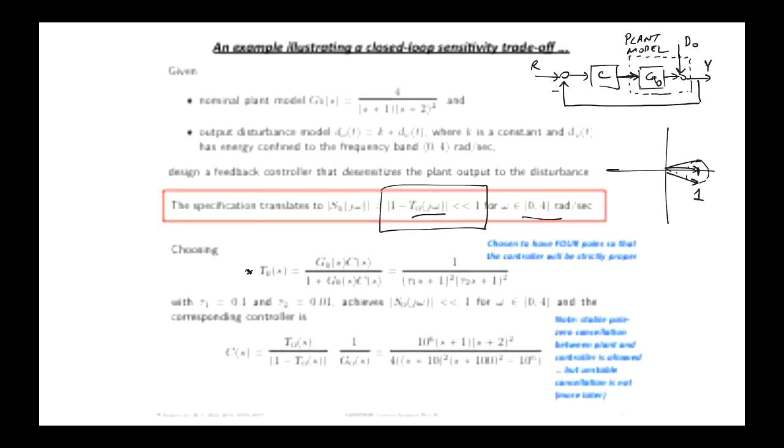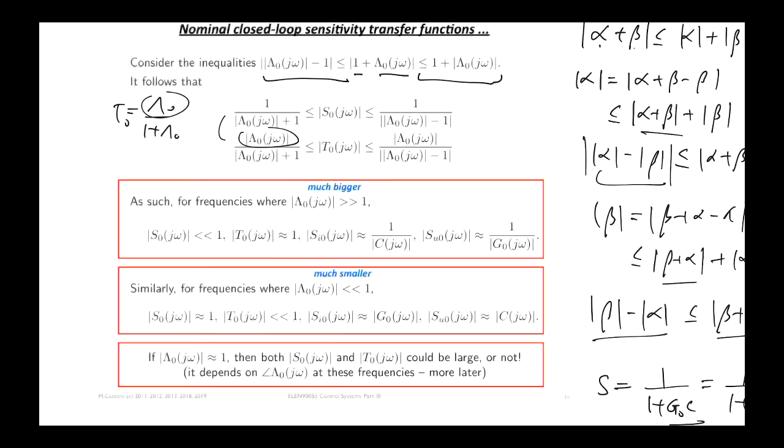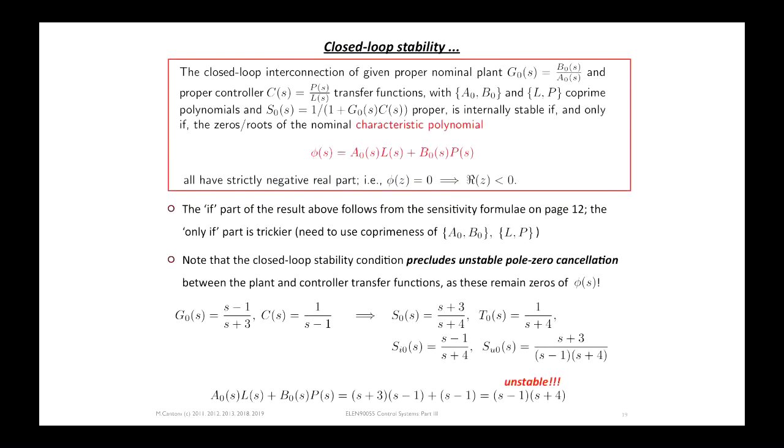That's a little bit harder to see, and it relies on the standing assumption that the polynomials that correspond to the plant transfer function and controller transfer functions are co-prime.